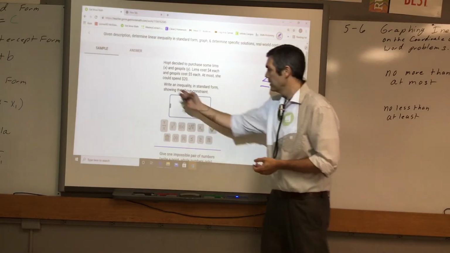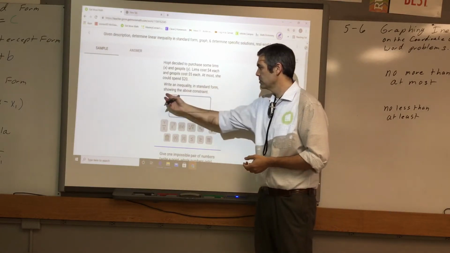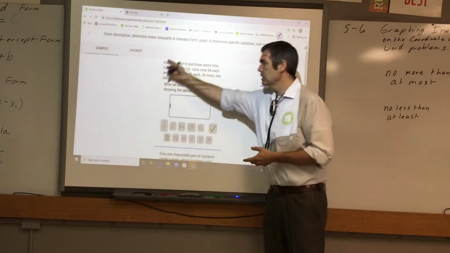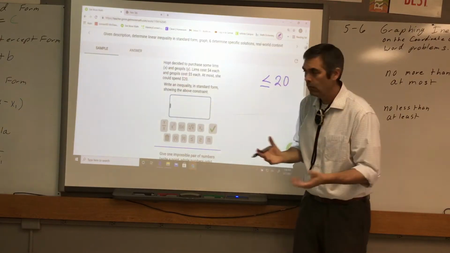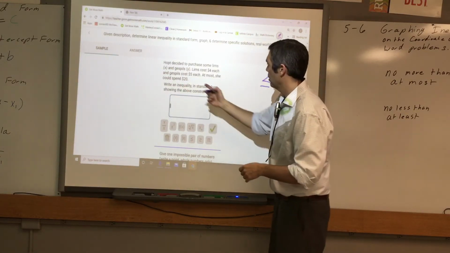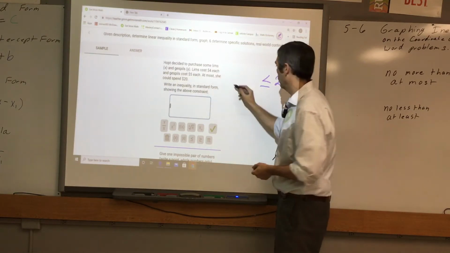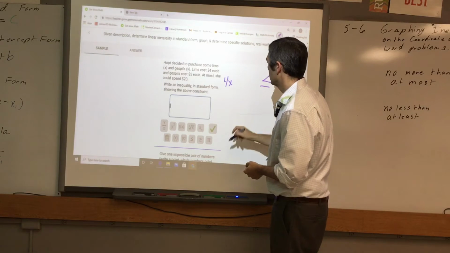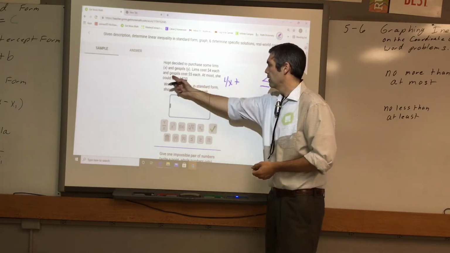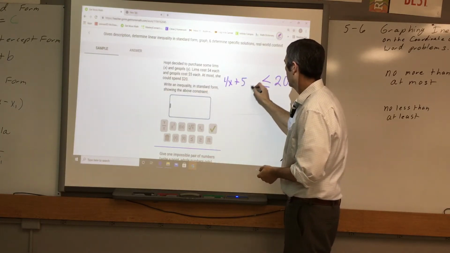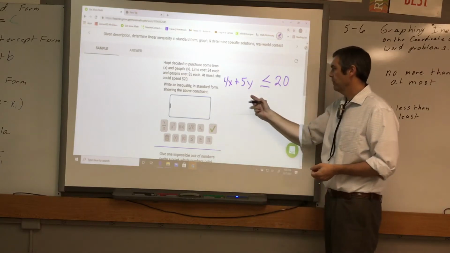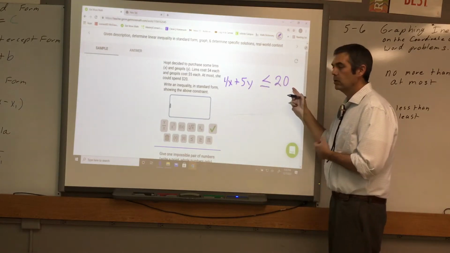We're going to write an inequality in standard form showing the above constraints. All right, well, our X are the learns. They were 4 each, so 4X plus 5Y. So 4X plus 5Y is less than or equal to 20.